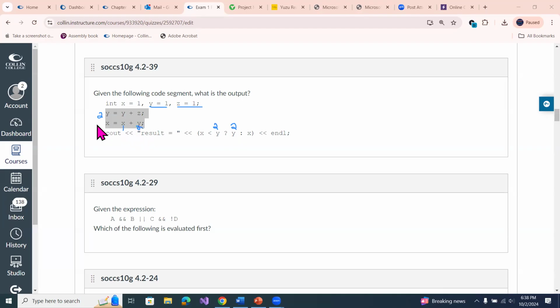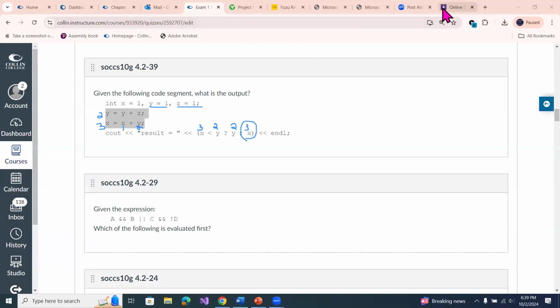So 2 plus 1 is 3. So x is now 3. So this is 3. This is 3. So is 3 less than 2? That's false. So it's going to print 3. This is false.